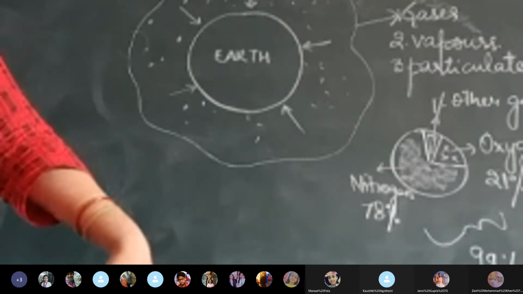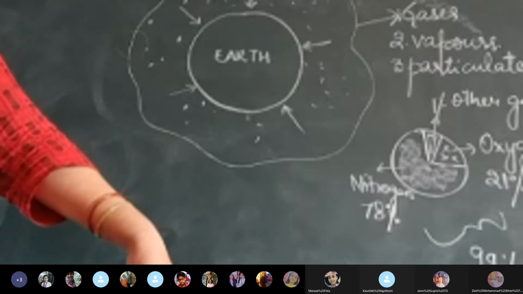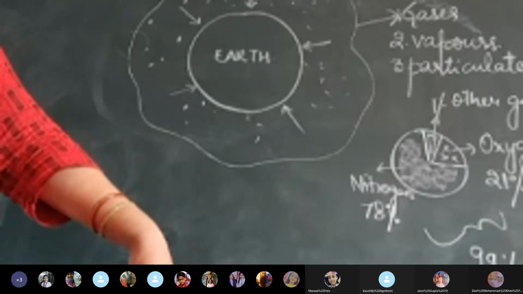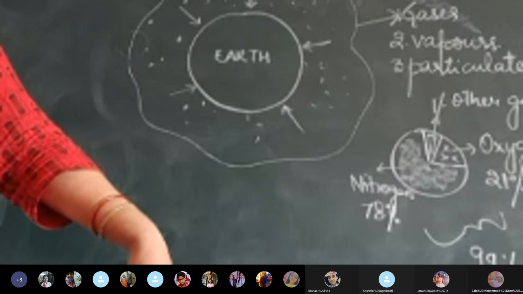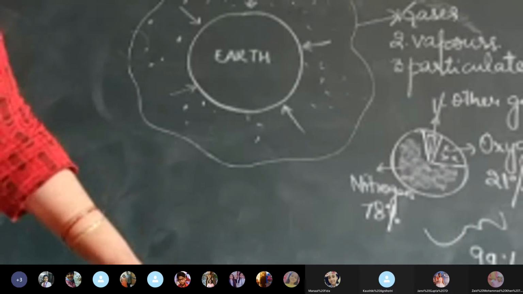It absorbs most of the radiant energy from the earth and radiates it back to the earth. Thus, it increases the temperature of the lower atmosphere and the earth's surface and is called the greenhouse gas. So carbon dioxide regulates the temperature.